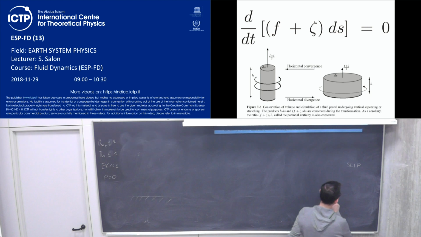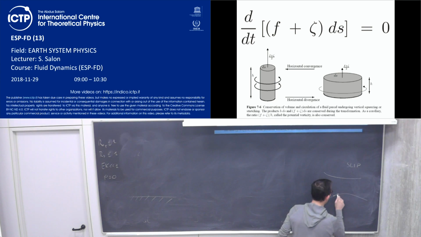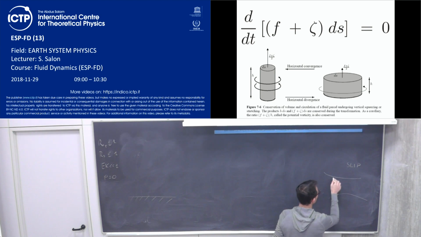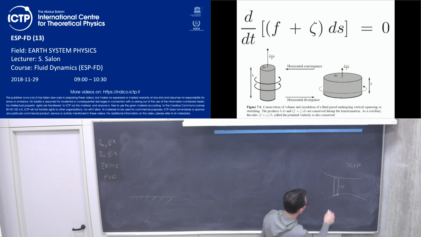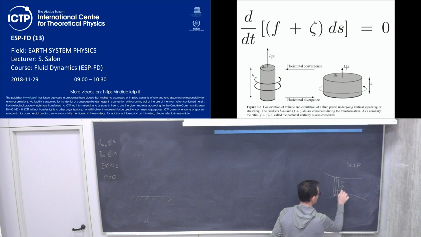Here we are allowed to move, so the shallow water model says that you can move your column, but there is no difference in the vertical. So the velocity that you have close to the bottom is exactly the velocity that you have at the middle of the depth or at the surface, okay?